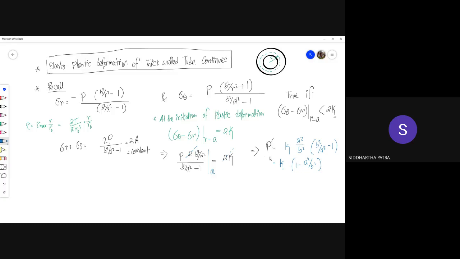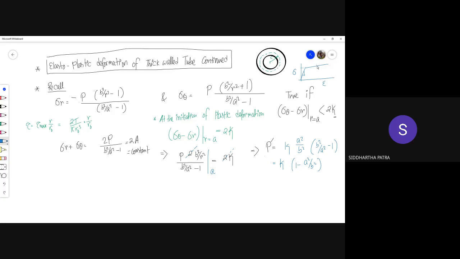Now this is a very special expression. If you think about it, this part is elastic and this part is plastic. Okay, and the stress strain model is elastic, perfectly plastic.